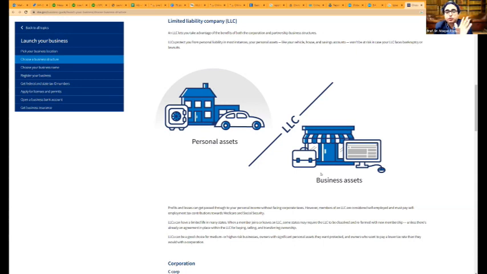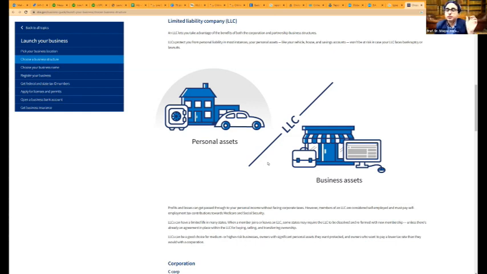It protects you from personal liability in most instances, your personal assets. For example, if you've got a shop and you go bankrupt, and people file a case against you, you will be supposed to sell all of your assets to repay the amounts that you owe to your suppliers, for example.